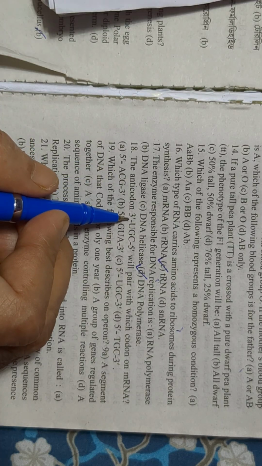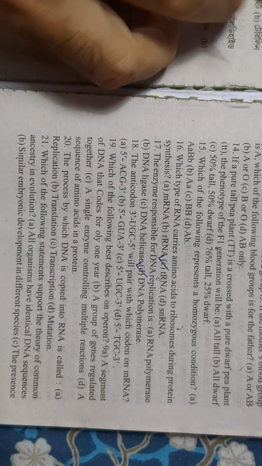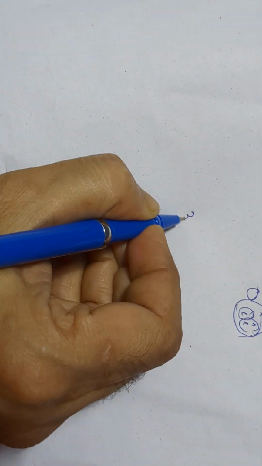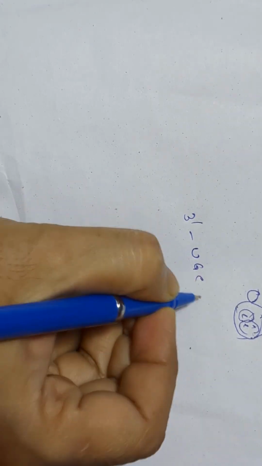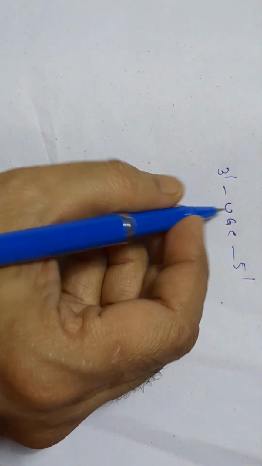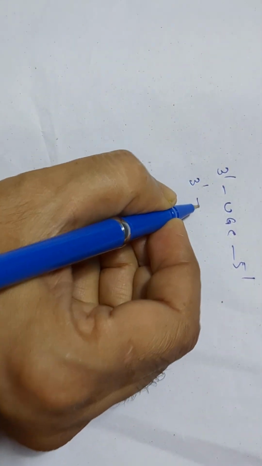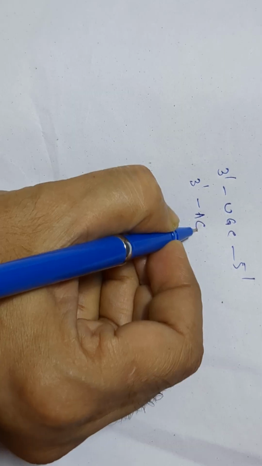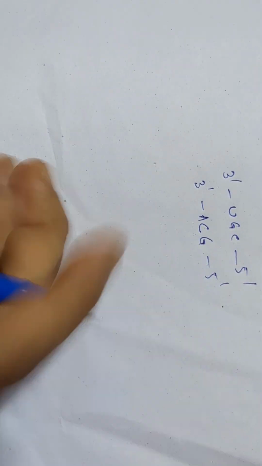18. The anticodon of 3' UGC 5'. This one, I think 3' UGC 5'. Okay, so its complementary would be ACG. Okay, so this is the correct answer.